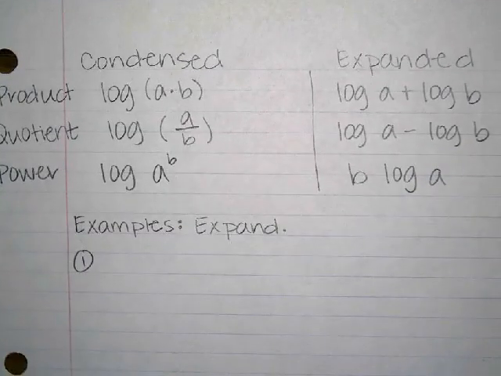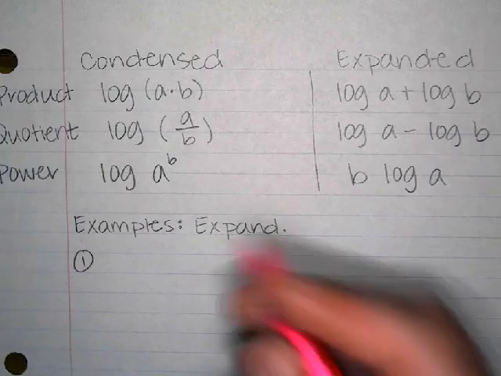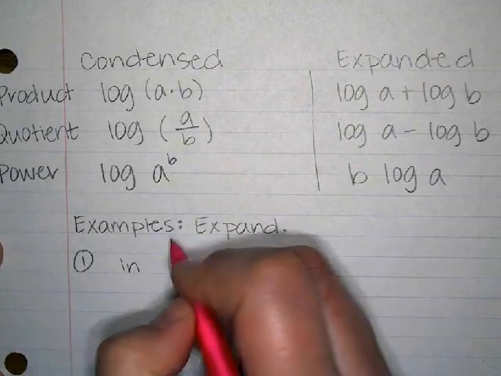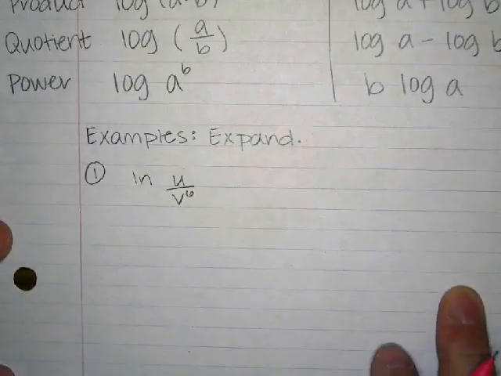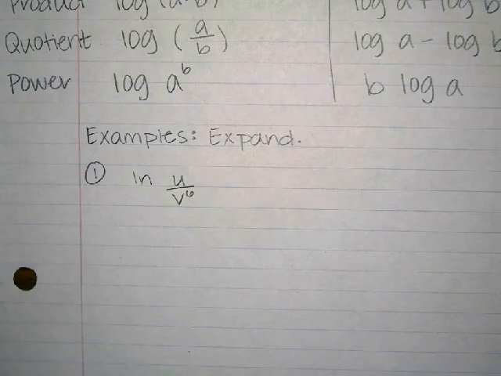So let's try ln of u over v to the 6th. So how many times am I going to write ln?